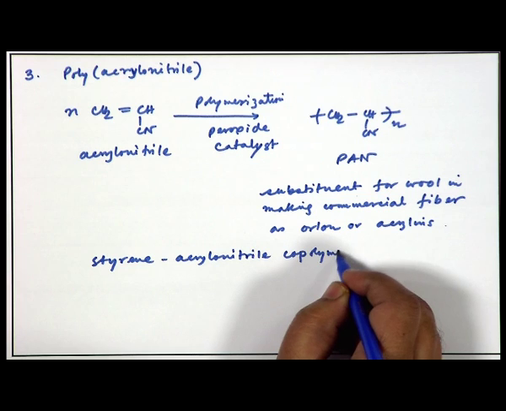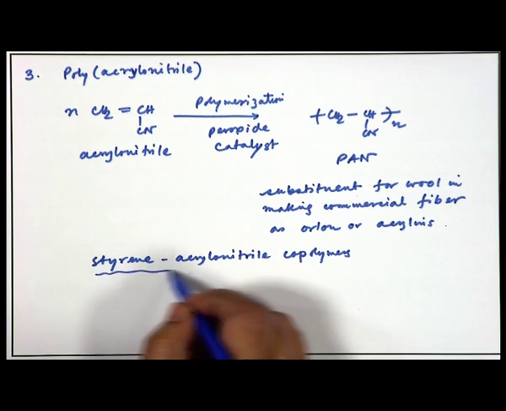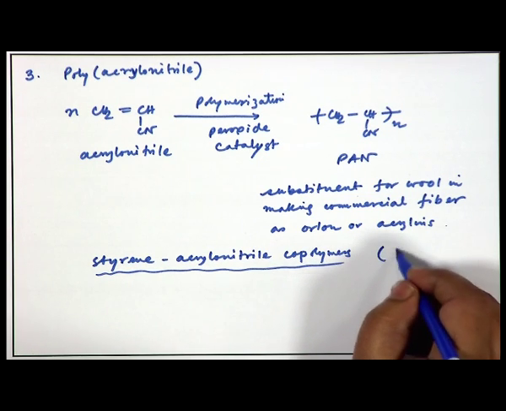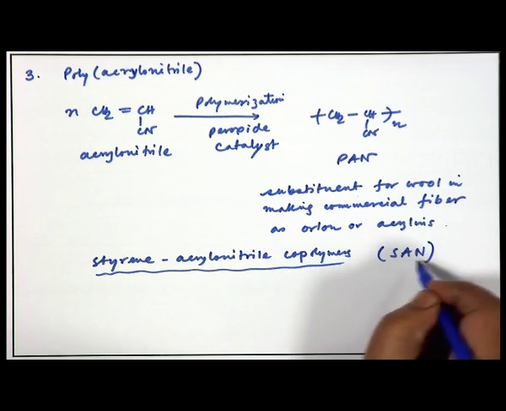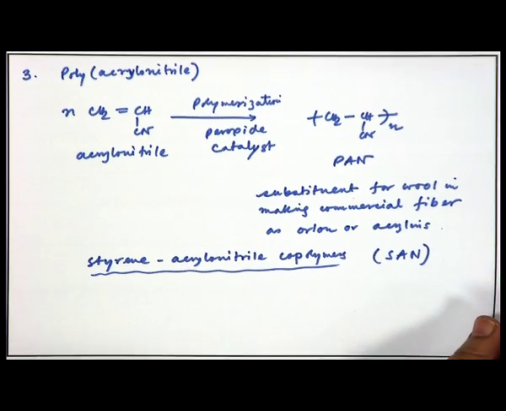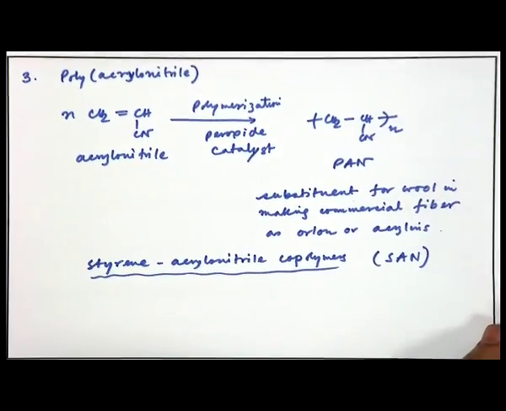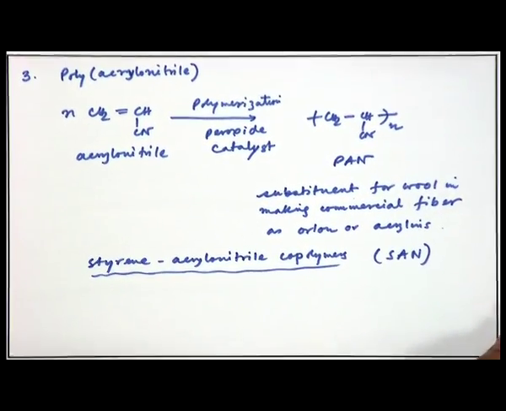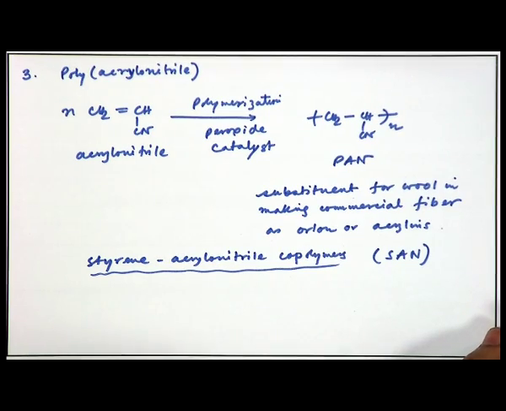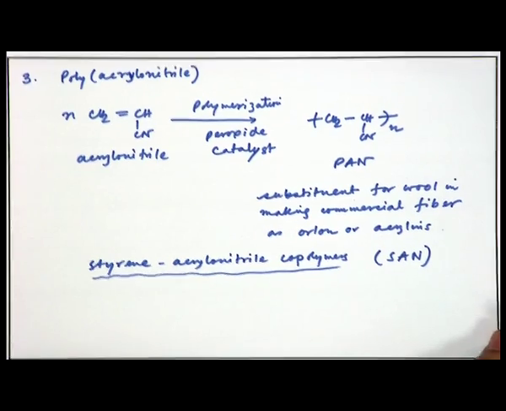Most of the uses of acrylonitrile are as styrene acrylonitrile copolymers, also called SAN. These are examples of some important polymers which are synthesized by chain growth polymerization, or examples of addition polymers.